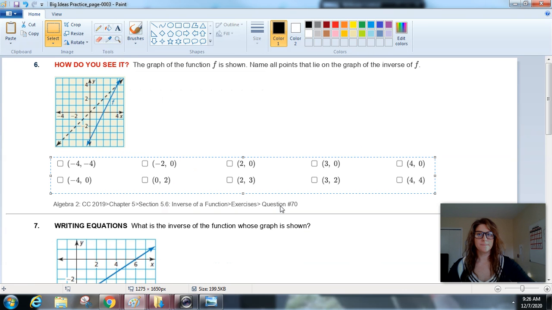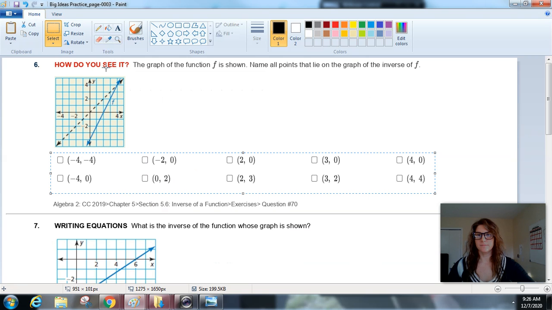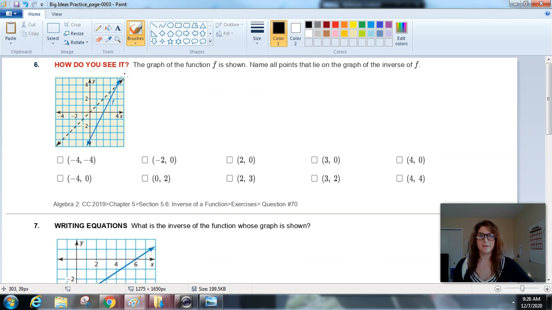Let's go to that one. So for number 6, we have our graph. We want to find all points that lie on the inverse. So we are going to want to flip any points that would already be on the line that we see. So I'm going to take a look at the graph here, right?